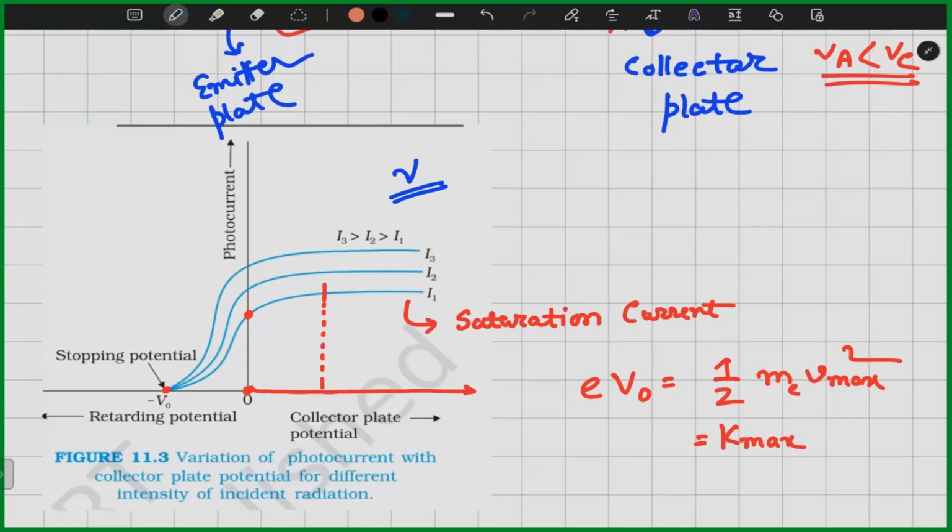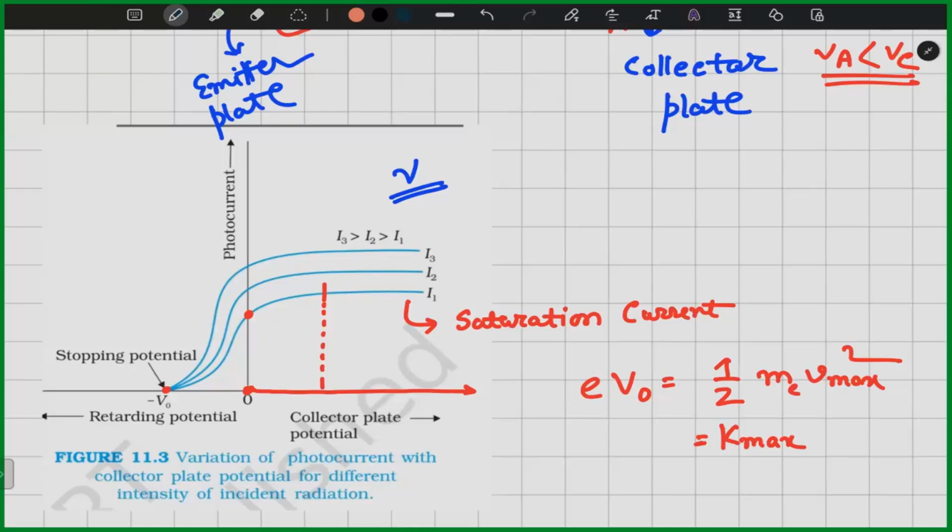After reaching that saturation current, if we again increase the potential difference, there is no impactful change in the photoelectric current; it remains more or less constant. That means it reaches some maximum bound for a particular frequency and intensity. Then if we again increase the potential difference, it does not have any impact anymore. So that is called the saturation current.